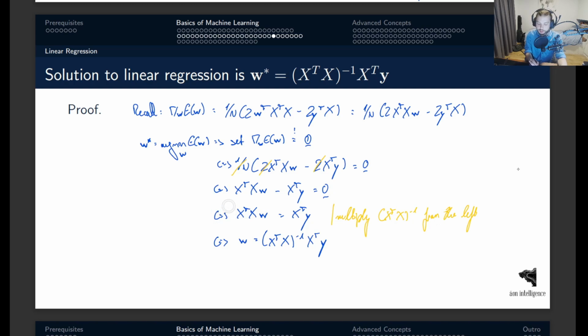So we have this inverse on the left, they will cancel, and we will have X transpose X inverse on the left side of this right-hand expression. And this is the solution to our problem. So the minimizer of our mean squared error function is W star, which is equal to X transpose X inverse times X transpose times the true label vector Y. And this is what we have here. And this proof is also done.